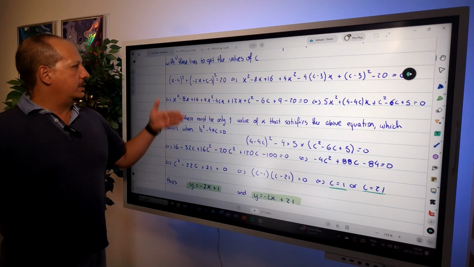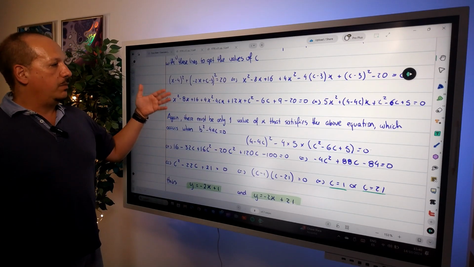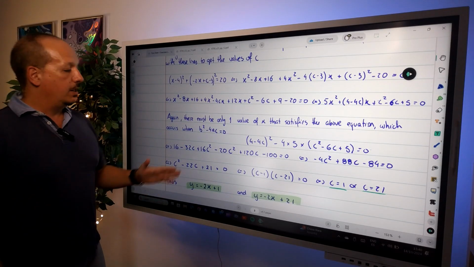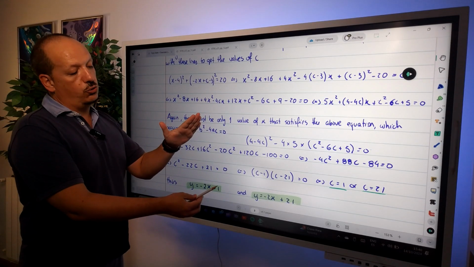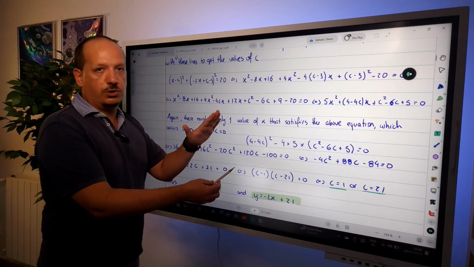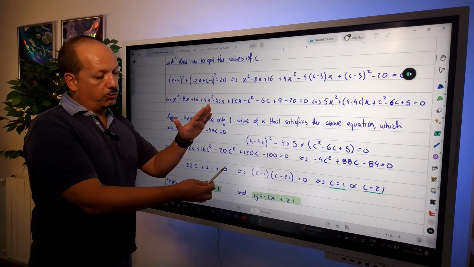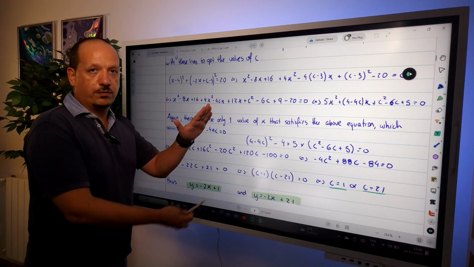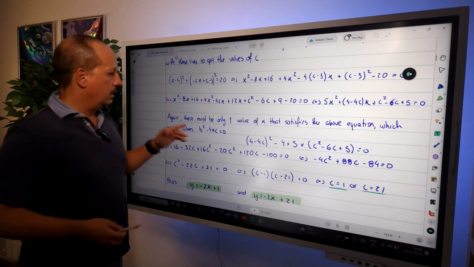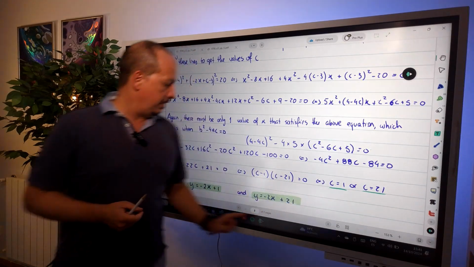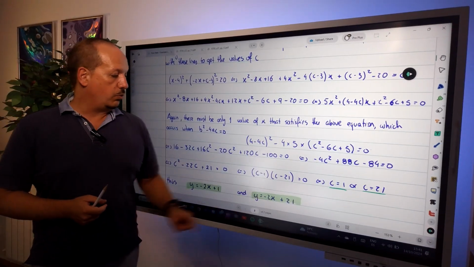So by solving this equation and using the discriminant, you were able to find the values that will define the two tangents that you wanted, for which you already knew the gradient. The last thing remaining to define the lines was the value of the y-intercept. And this is how you get them: the two values of the y-intercept, the two equations that you want.